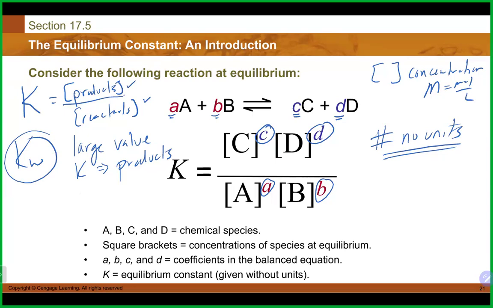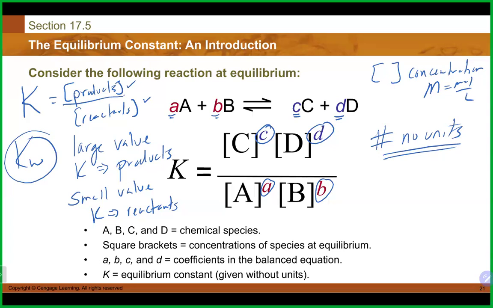And if you have a small value of K, when you reach equilibrium, you will mainly have reactants. What's considered a large value versus a small value? A value of 1 is the dividing line. Anything 1 and above is considered large. Anything less than 1 is considered small.